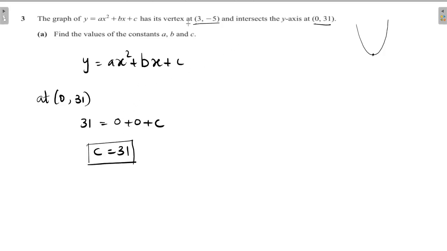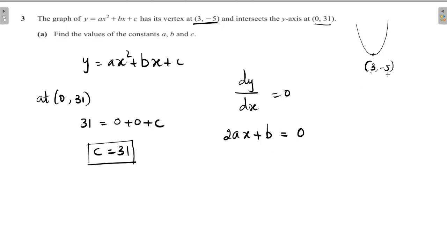Then its vertex is (3, -5). So this point (3, -5) is a stationary point. Let's find out the stationary point. At a stationary point the gradient of the curve is equal to 0. So 2ax plus b is equal to 0.